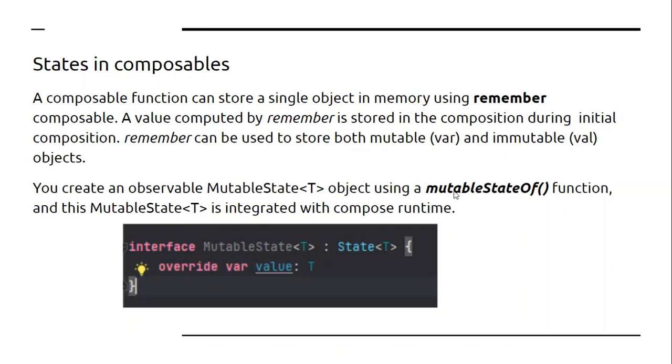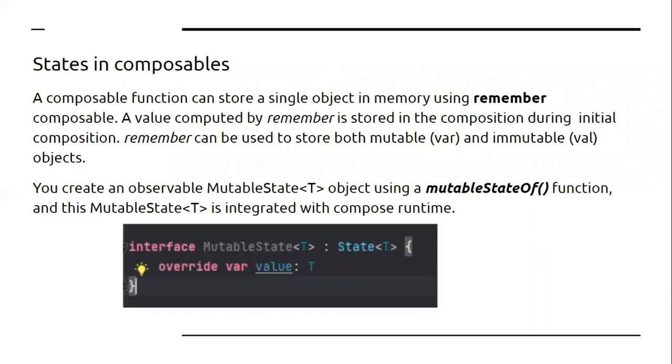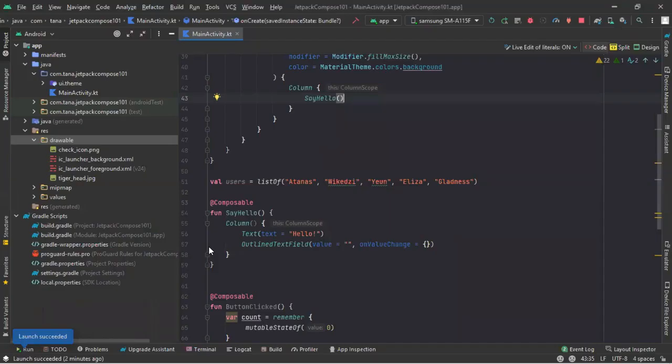So by calling these functions, we are instantiating this mutable state here. And there are like three types of declaring states in Compose. The first one is as I demonstrated in the previous example.